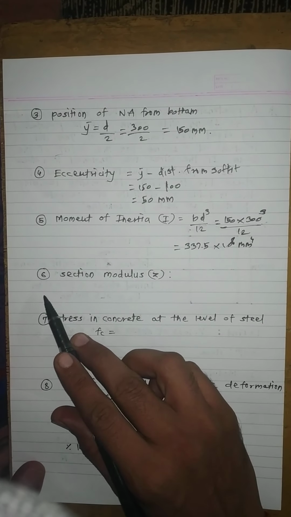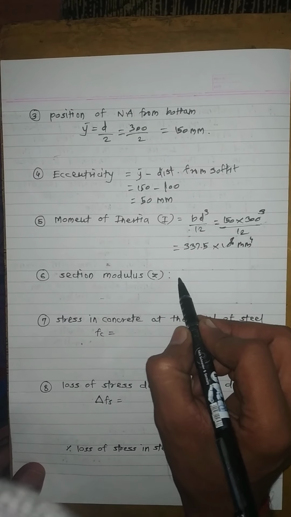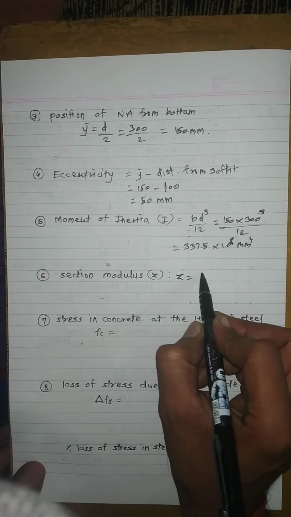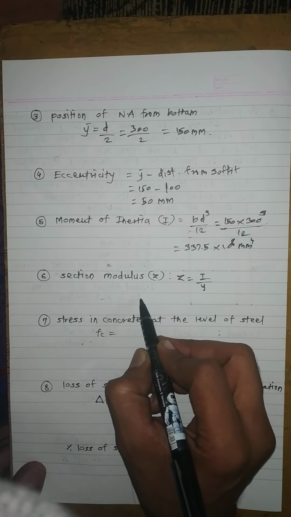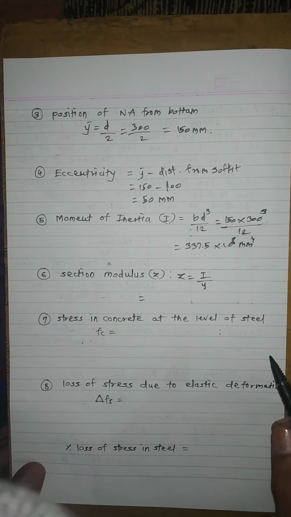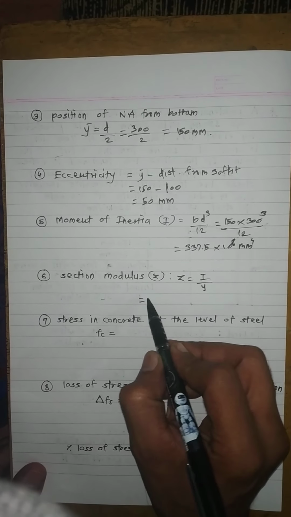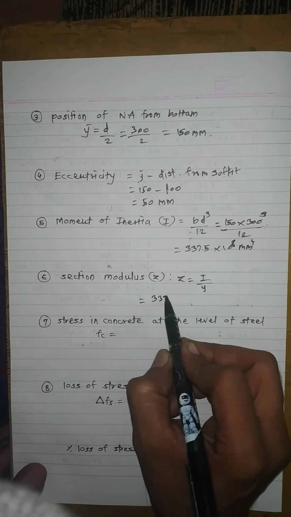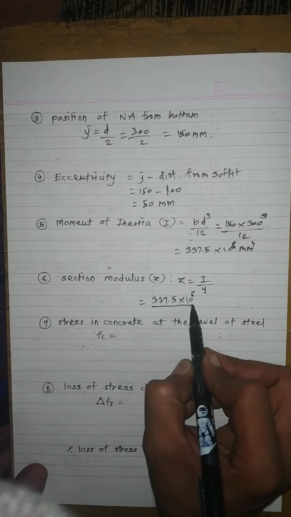Step number 6, to find the section modulus, which is Z, and Z equal to I by y. The section modulus is the ratio of the moment of inertia to the distance from the extreme fiber. I we already found in step number 5, which is 337.5 into 10 to the power 6.